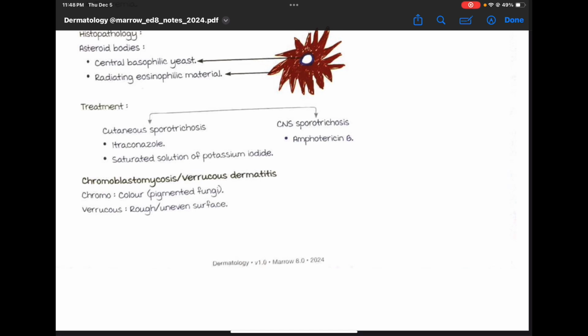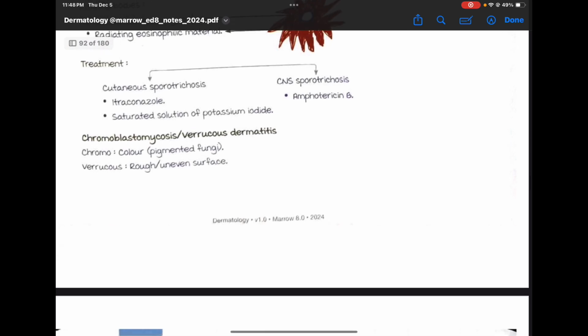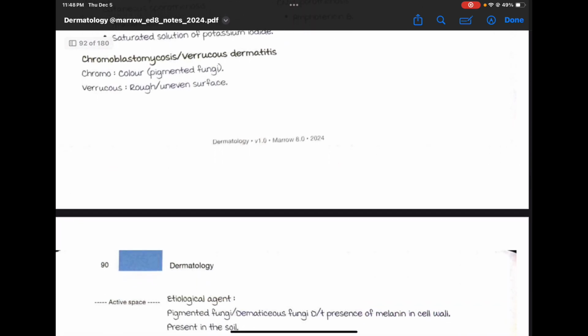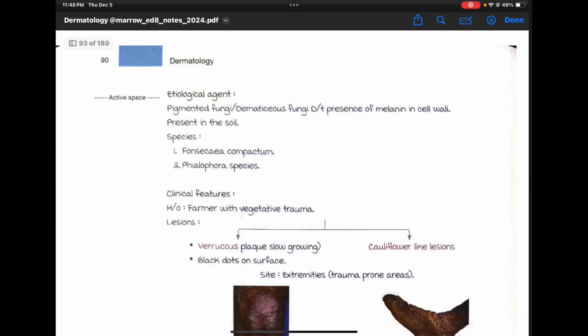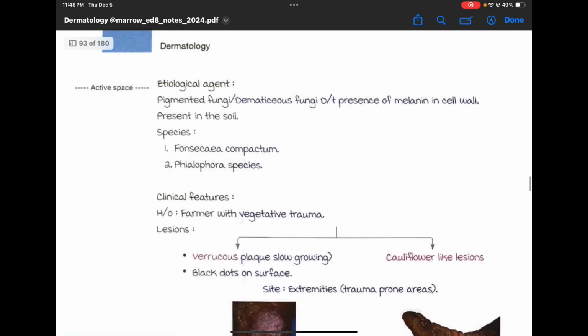Chromoblastomycosis, verrucous dermatitis. Chromo, color, pigmented fungi. Verrucous, rough uneven surface. Etiological agent: pigmented fungi, dematiaceous fungi due to presence of melanin in cell wall, present in the soil.